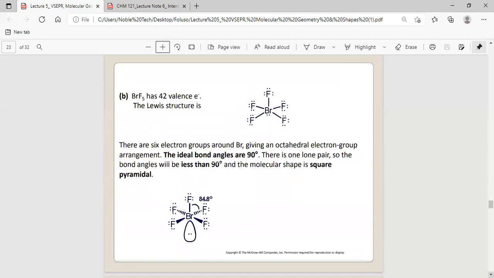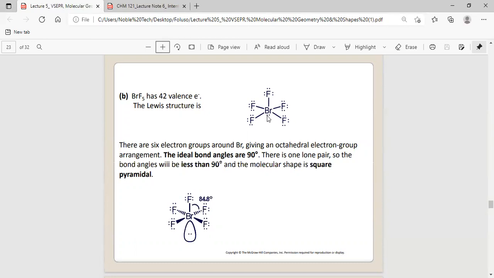But in the case of bromine pentafluoride, this is the Lewis structure. By the time you draw the Lewis structure, you will see that there is a lone pair.